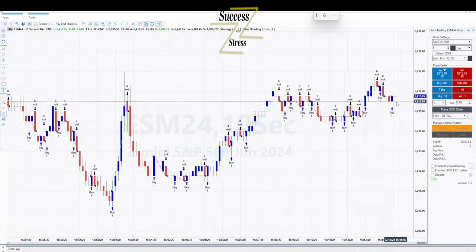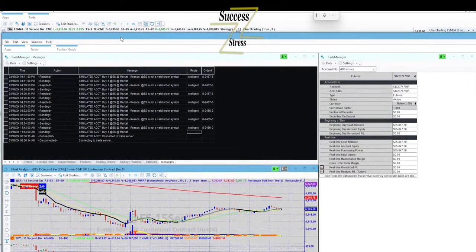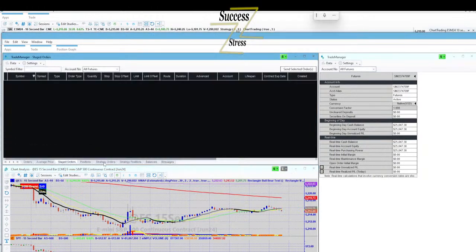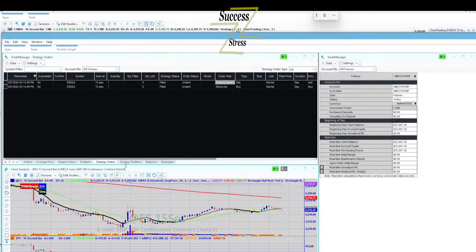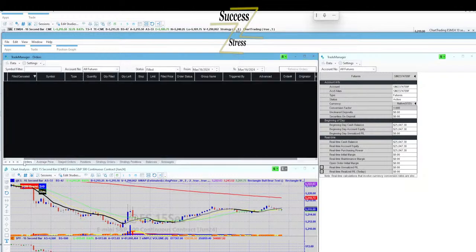Cool. We bought. Yes. Did we buy? Strategy orders. Filled. Removed. Strategy position says we're flat, so I don't think we bought.